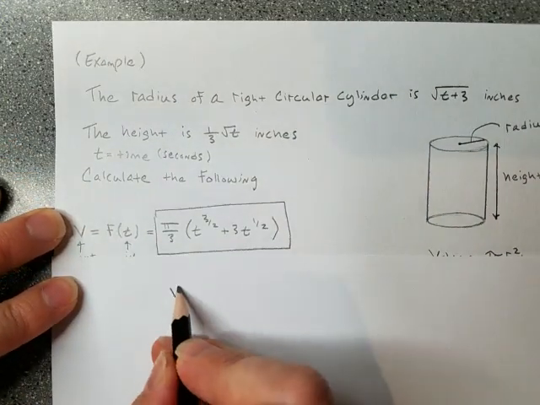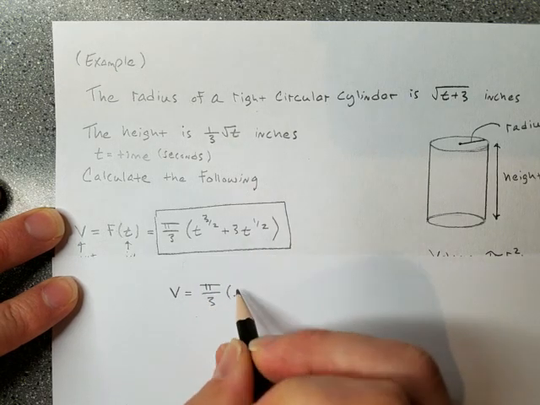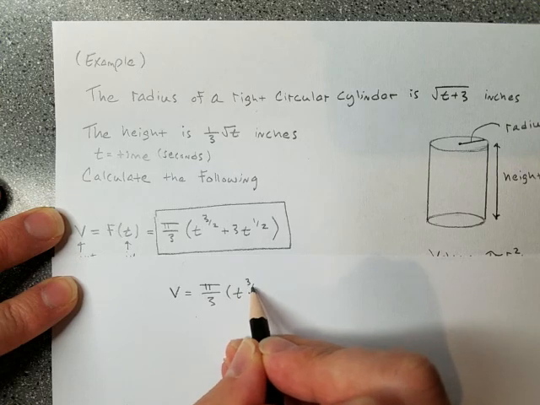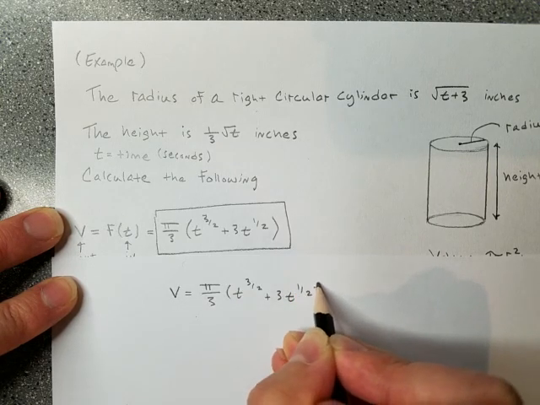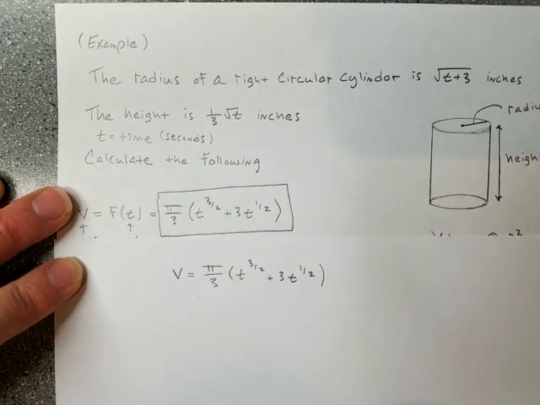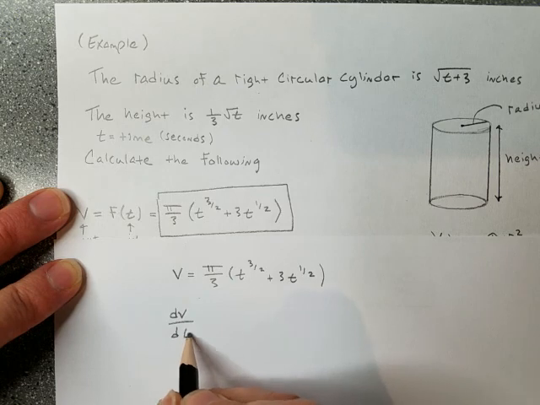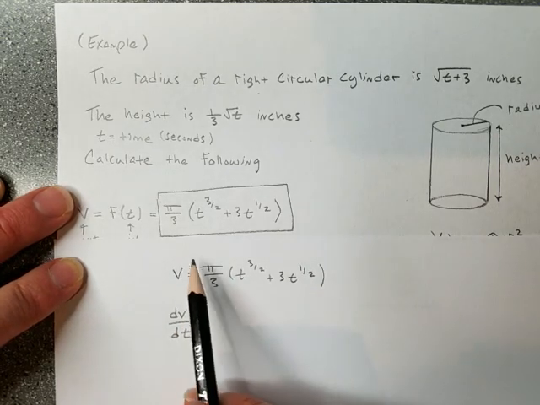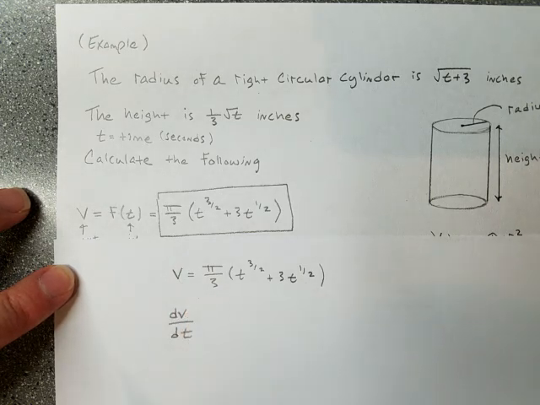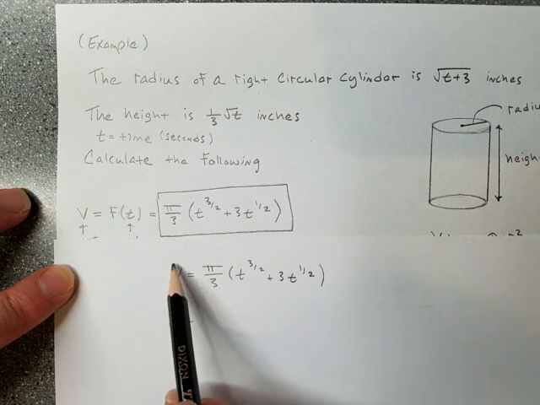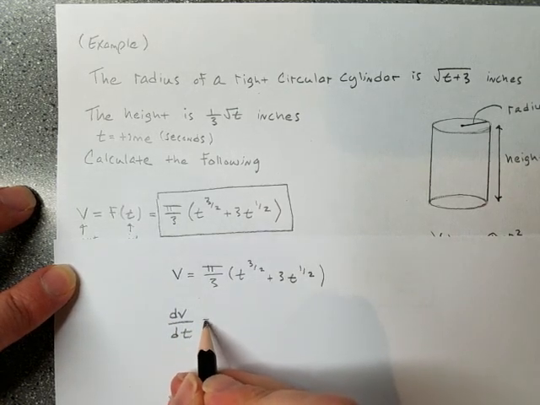So I'm going to say V is pi over 3 t to the 3 over 2 power plus 3t to the half power. Okay, the derivative of this, dV over dt, V being the output variable, t is the input variable, V is the dependent variable, t is the independent variable, is going to work like this.